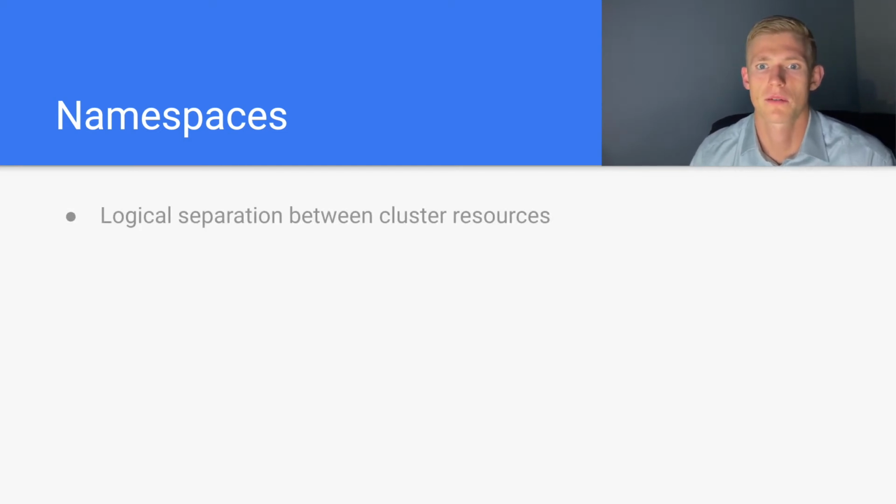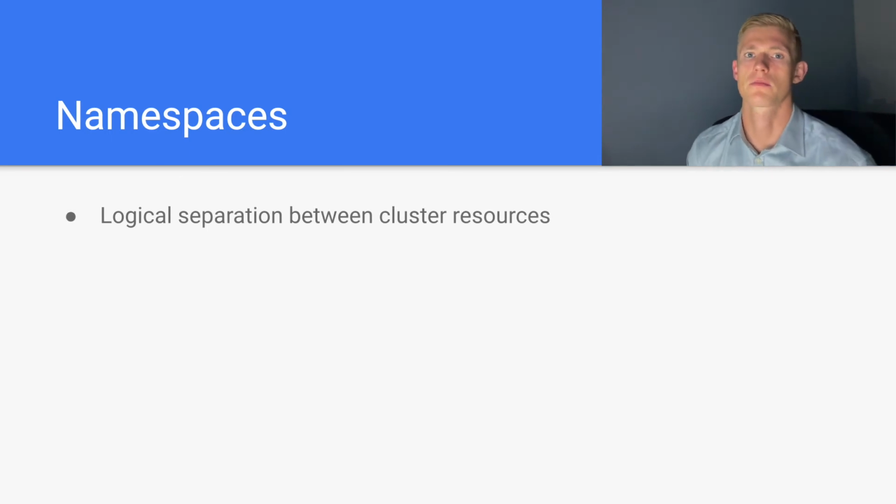Namespaces. So at this point we're starting to get a little understanding of how our Kubernetes cluster might look and the ecosystem. So it's important to think about now, how do we divide resources in our cluster, and that is where namespaces come in.